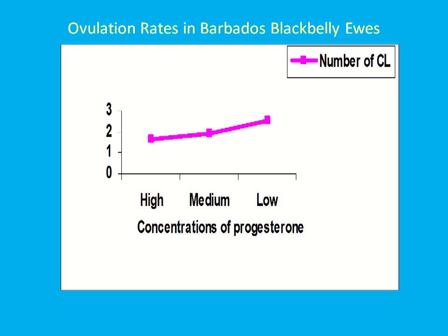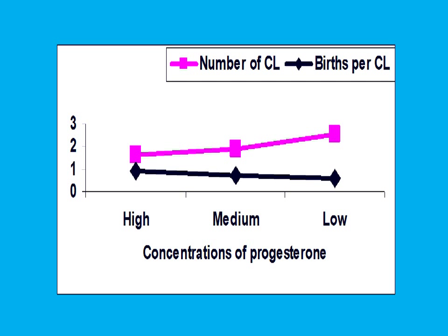That's the reason that some of those out-of-season ewes did as well as a lot of in-season results that we would see. But then when we look at the births per corpus luteum, here's the data from that previous slide. The ovulation rate is going up, but the births per corpus luteum is going down. Because as ovulation rate increased, we have more losses.